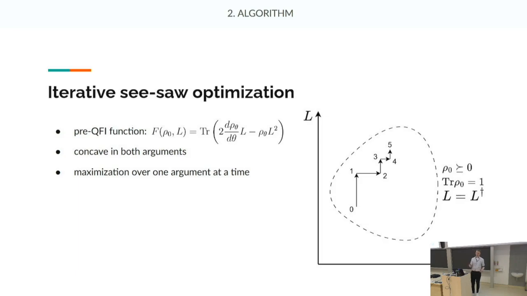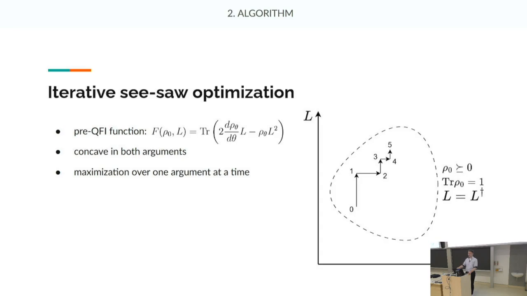And the concave maximization problem is a well-known problem with many known solutions and implementations of those solutions. So we can solve the problem when one argument is constant. We can find the optimal value for the other.